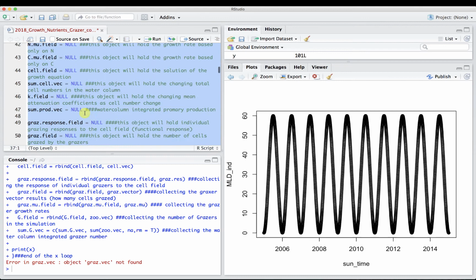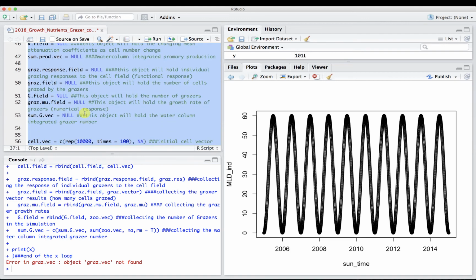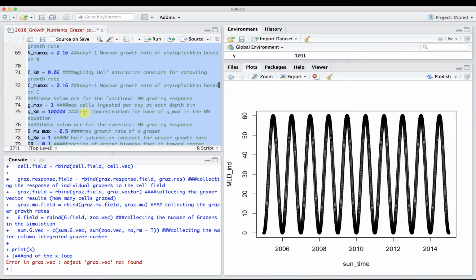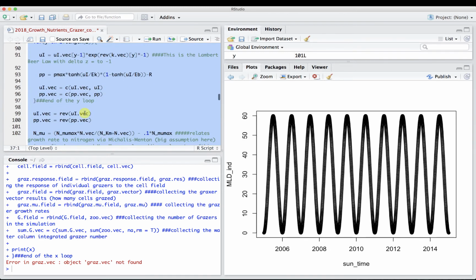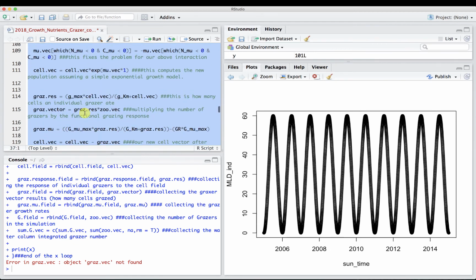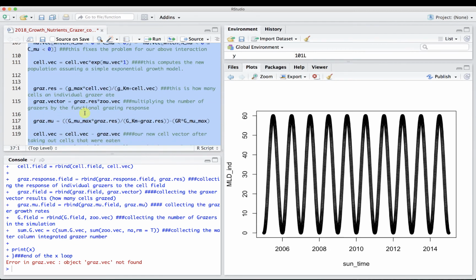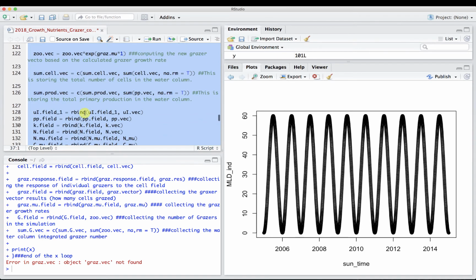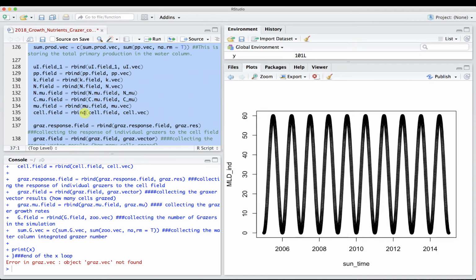Graz.vec not found. Let's see if I missed something in here from my notes.